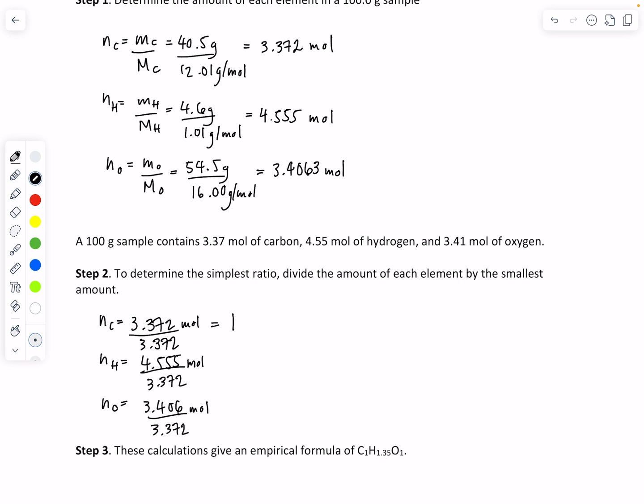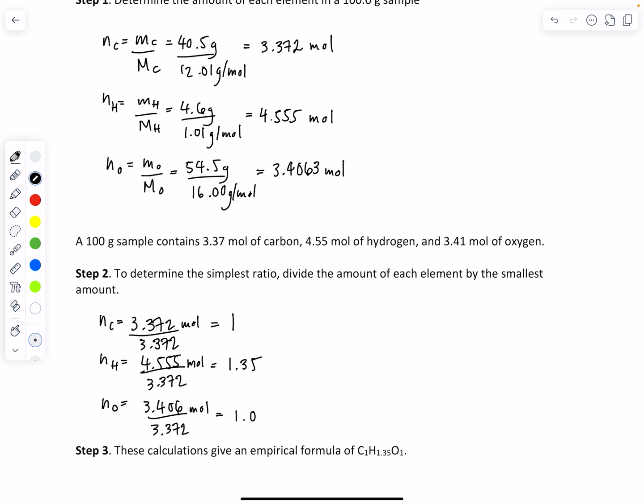If we divide them all by 3.372, we get 1 for carbon. Let's try this again. 4.555 divided by 3.372, we get 1.35.